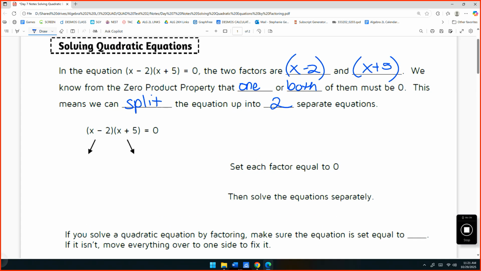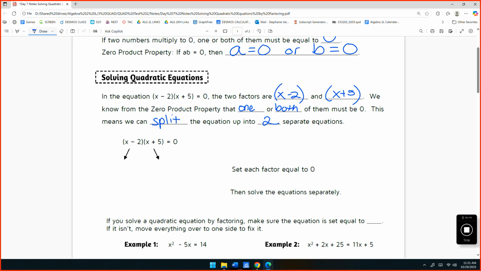So either x minus 2 equals 0 or x plus 5 equals 0, because if the factors multiply to 0, that means one or both of these must be equal to 0.